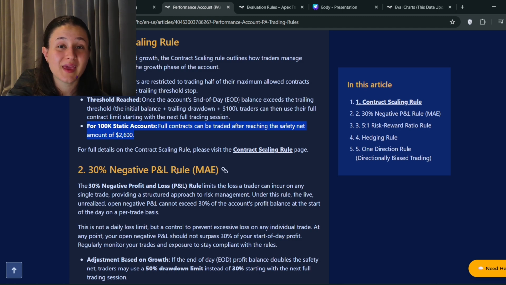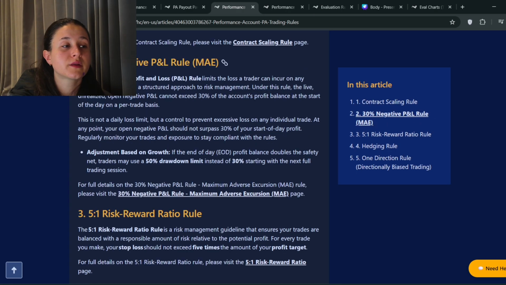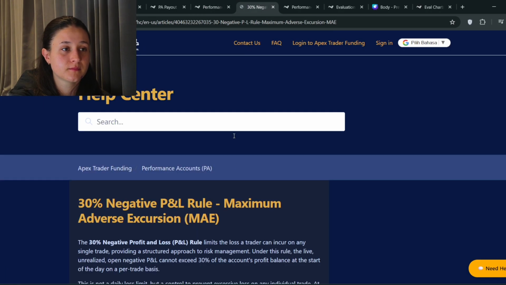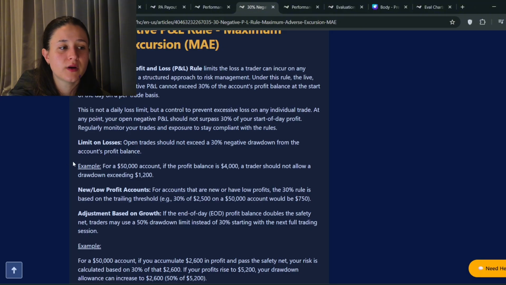30% negative PNL rule. So you cannot lose 30% of your account's profit balance. Now, an example: for a 50k account, if the profit balance is 4,000, a trader should not allow a drawdown exceeding 1,200.